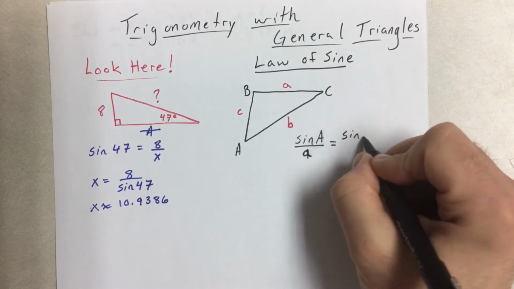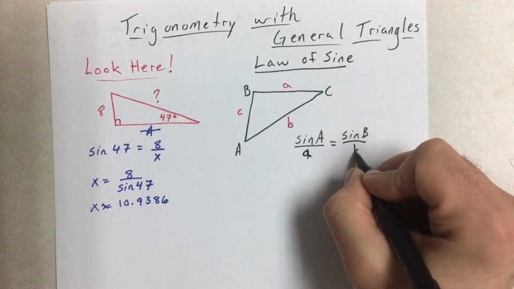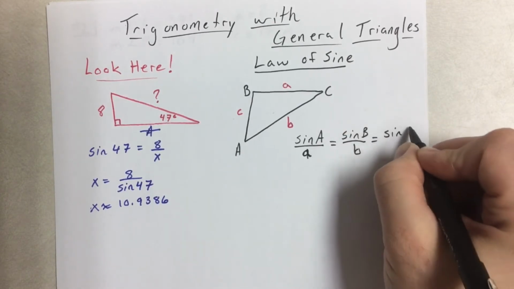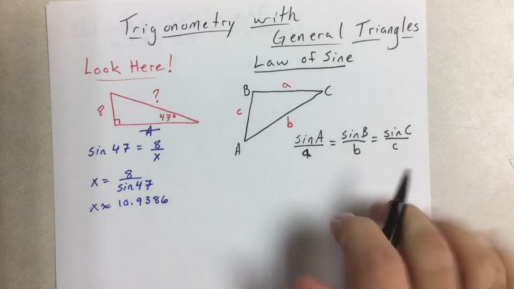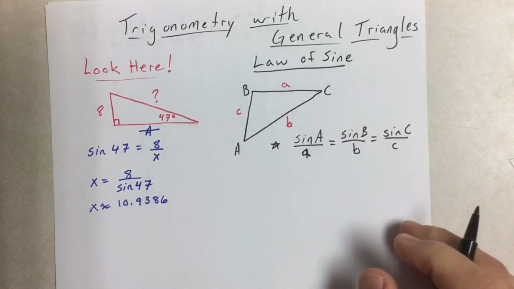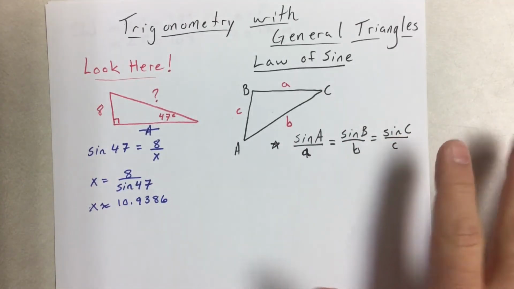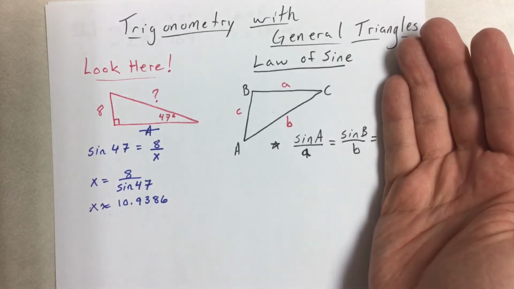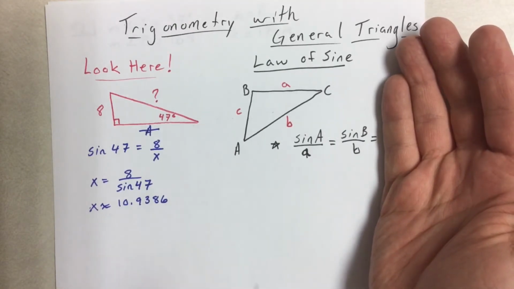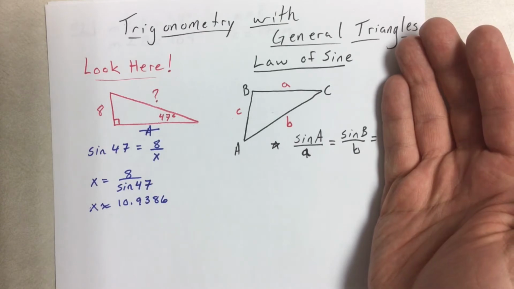So sine of B divided by its length and sine of C divided by its length. Okay, this is the law of sine. Typically, you're not going to have 3 fractions. Most often, you'll have just 2, where one of these 4 pieces you will not know. And if you do not recognize this, it's going to be a cross multiplication problem.